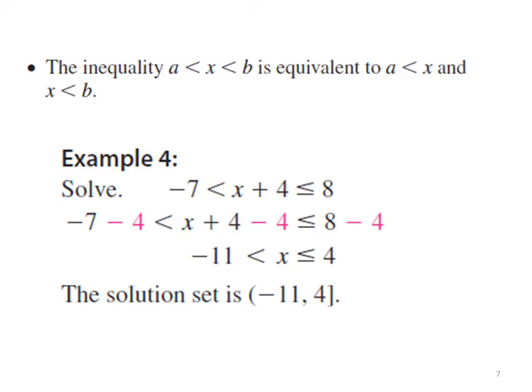So again you have a compound inequality. If you write it this way, think of it as two inequalities joined by the word and. This is basically a less than x, that's your first inequality, and x less than b.